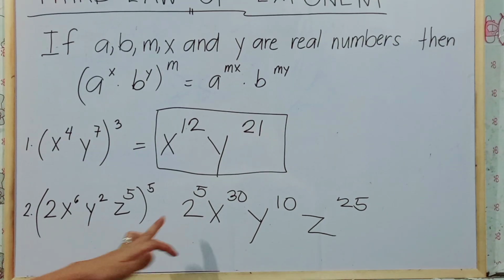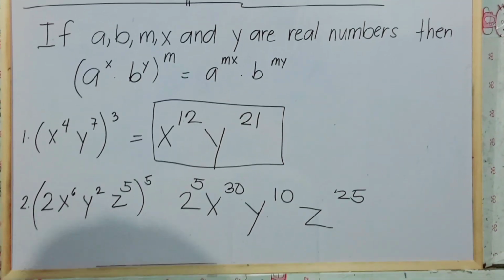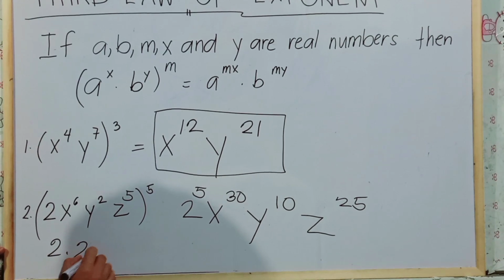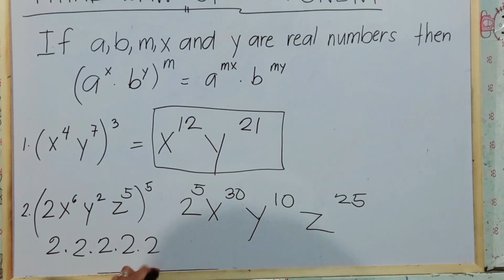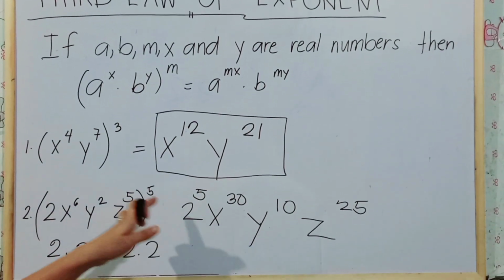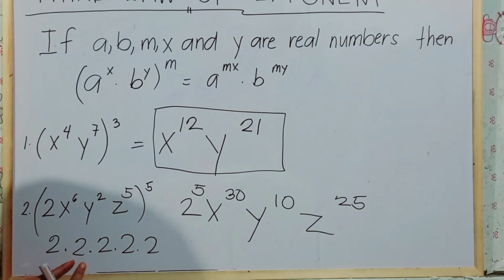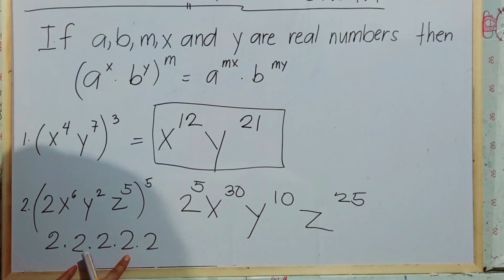Okay, so let's simplify this one. 2 raised to the power of 5. So how will you solve 2 raised to the power of 5? It says 2 times 2 times 2 times 2 times 2. You multiply 2 by itself 5 times because it's 2 raised to the power of 5. So 2 times 2 is 4. 4 times 2 is 8. 8 times 2 is 16.